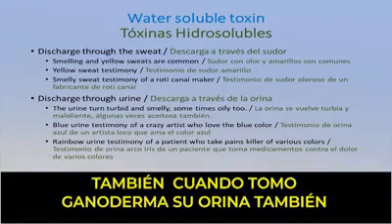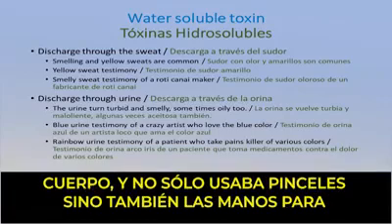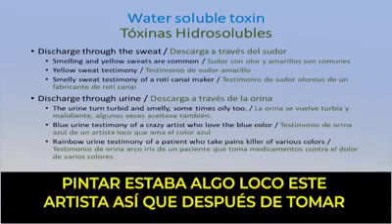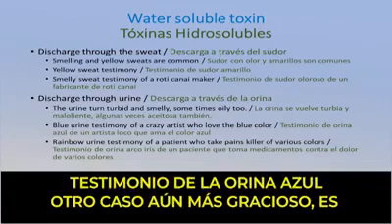When he took Ganoderma, the urine came out also blue, because when he paints, the paint spreads all over the body. Sometimes he uses the brush, he uses the hand, he's a very crazy artist. So after taking Ganoderma, all the color came out from the body. Then we have a testimony of blue urine.